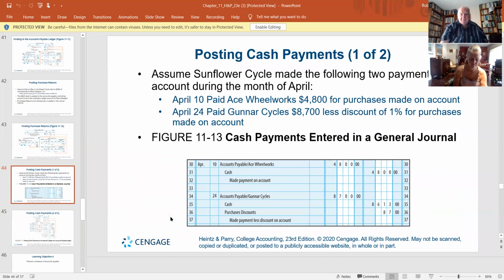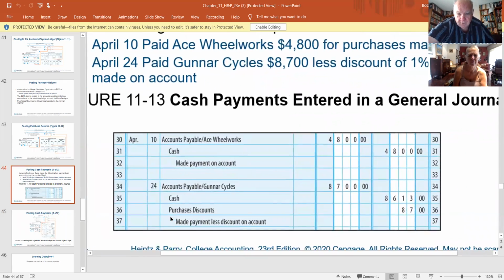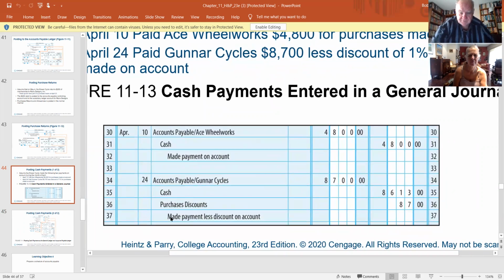And Gunnar made some payments here. They paid $4,800 for purchases made on account, and then they paid less a discount. So let's take a look at this. Gunnar owed $4,800, and they're just making a simple payment, right? Credit cash, debit accounts payable.